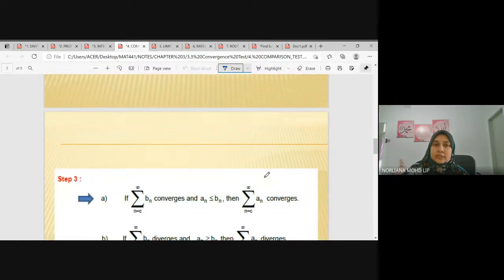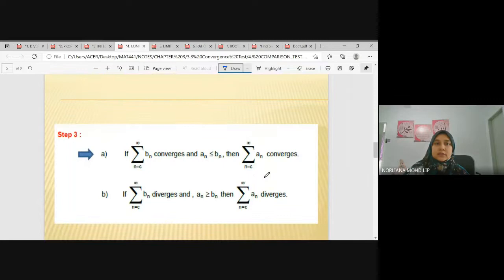Then step 3: if the series of Bn converges, from step 1, and An less than or equal to Bn, from step 2, then this series converges.